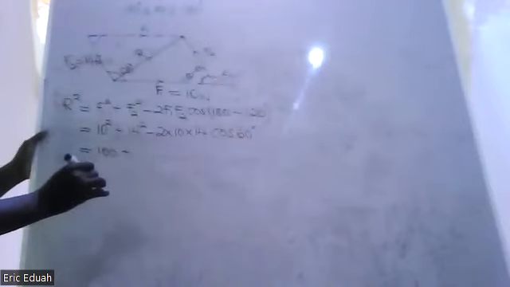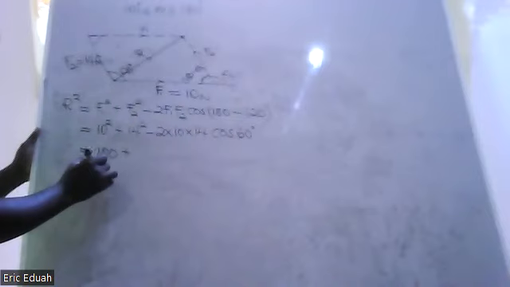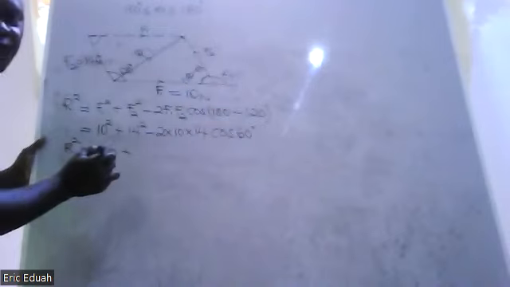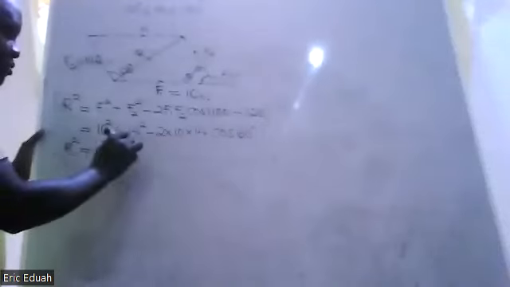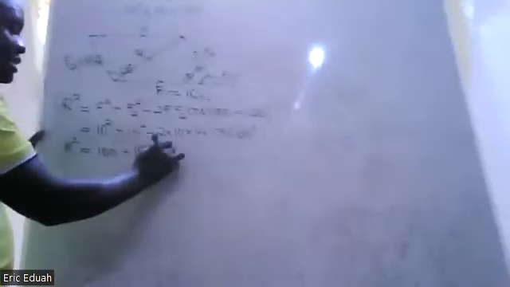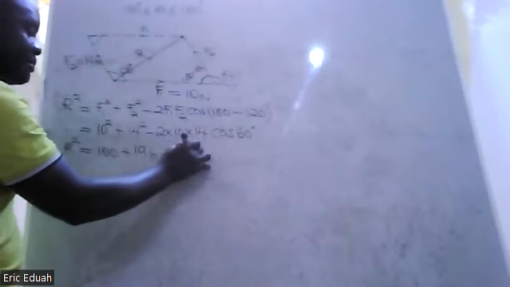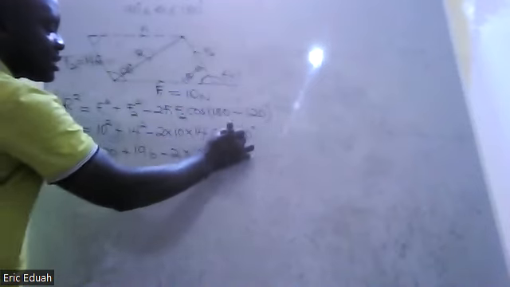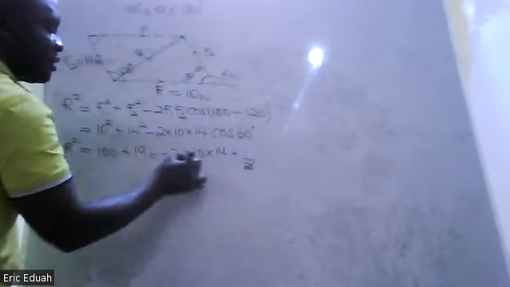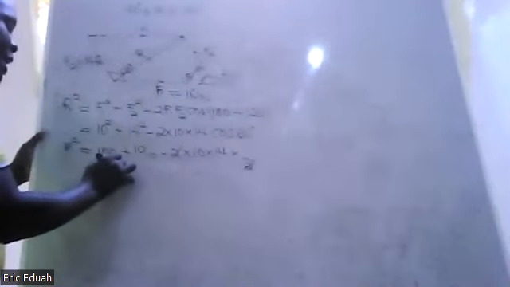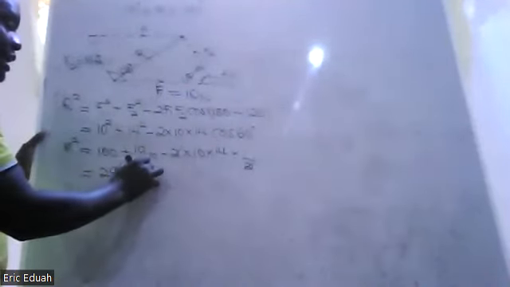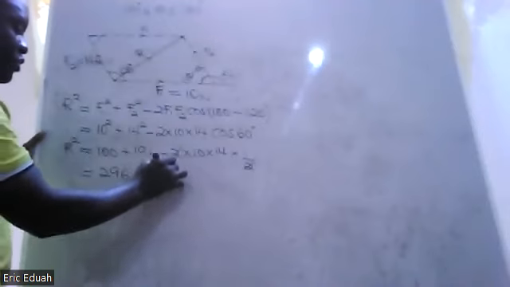100 plus, what is 14 squared? 196. 196 minus 2 times 10 times 14, cos 60 is half. So you have 296 minus 140.